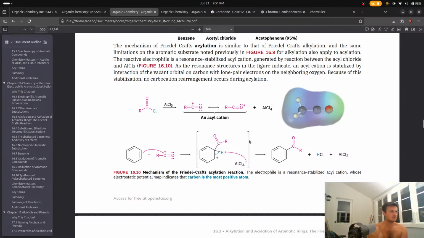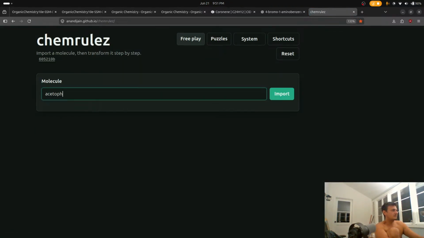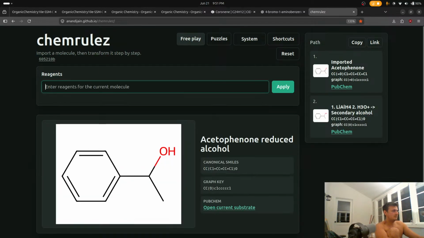What's nice about this one is you can just reduce this carbonyl. You just add... Oh wait, no. How do you remove? How do you just remove an alcohol?